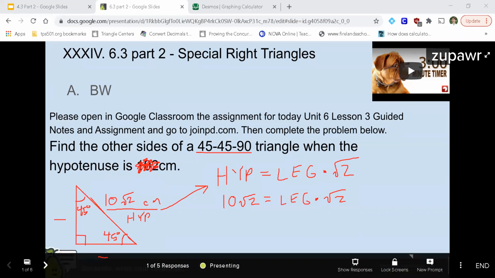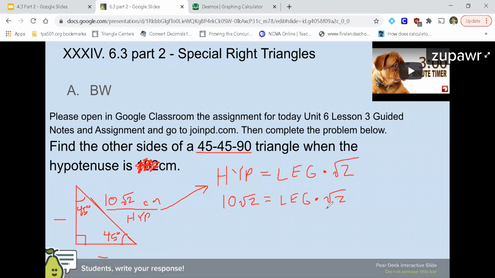So again, you recognize what type of triangle it is. You then look in your notes for that triangle and see there's really only one formula for it. Plug in what you're given into that formula, and now we need to solve for the remaining part. So if I want to get a leg by itself, instead of multiplying by the square root of 2, I would divide by the square root of 2.